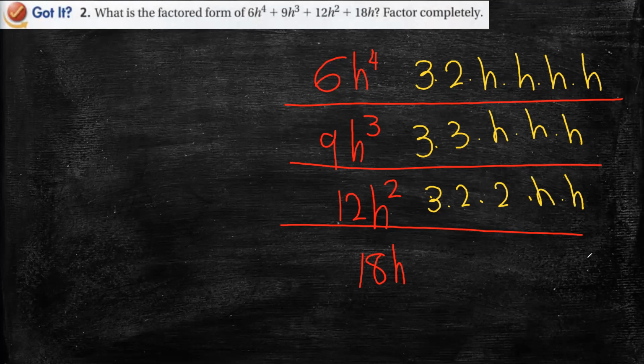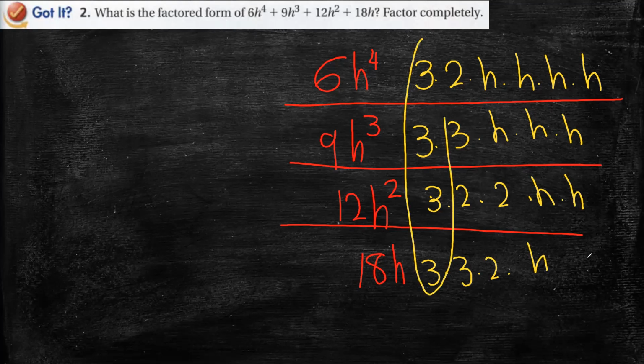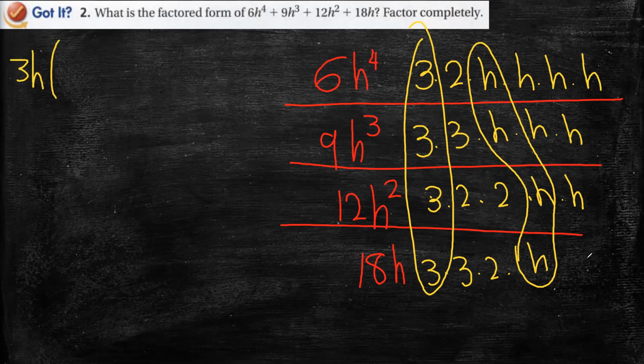It's 9 times 2, so it's 3 times 3 times 2 times h. Now let's find the greatest common factor here. 2 is not common, and h is. So we have 3h as a common factor. Let's write here 3h.